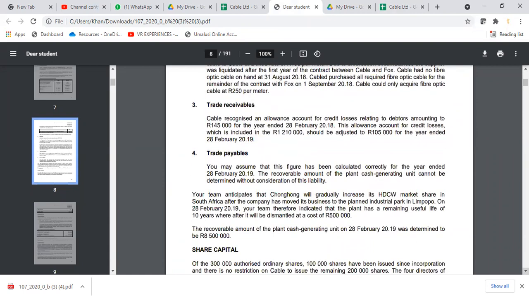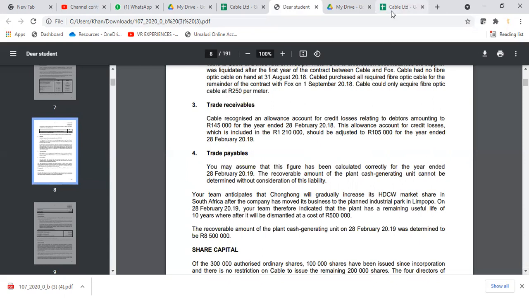it says Cable recognized an allowance account for credit losses relating to debtors amounting to 145 for the year ended 28 February 2018. This allowance account for credit losses, which is included in the 1.2 million, should be adjusted to 105 for the year ended 28 February 2019.